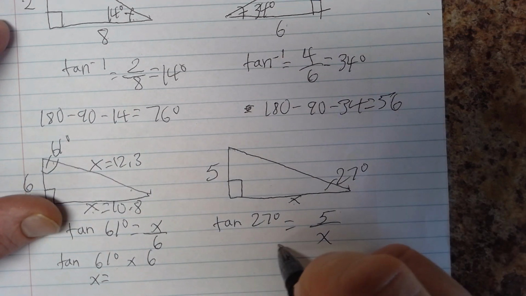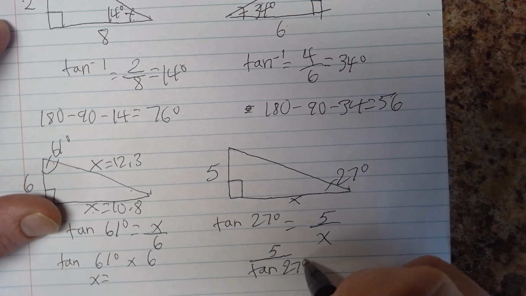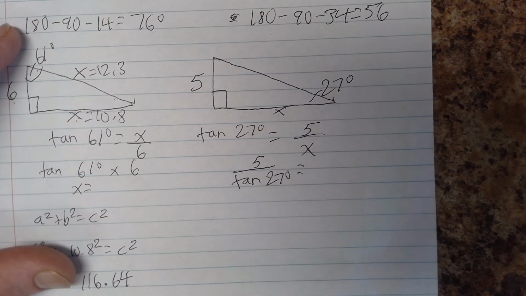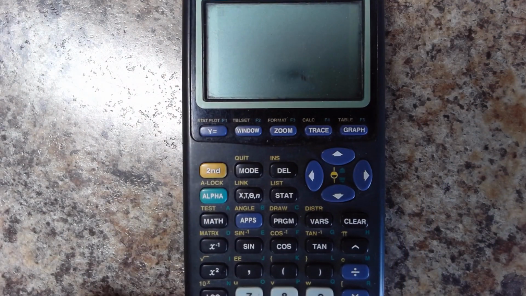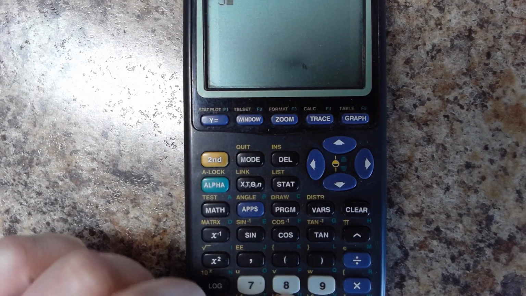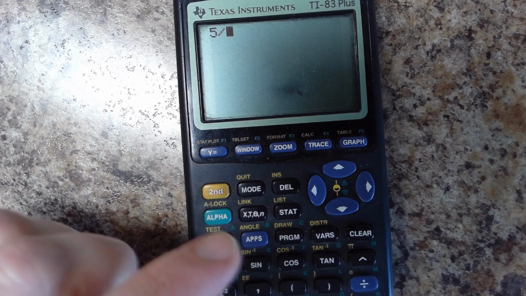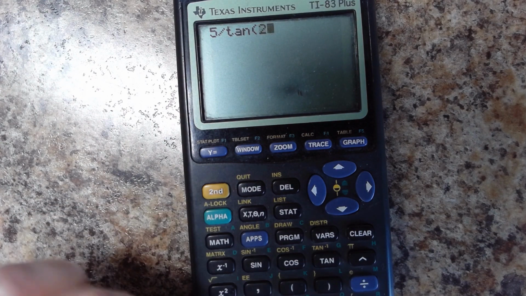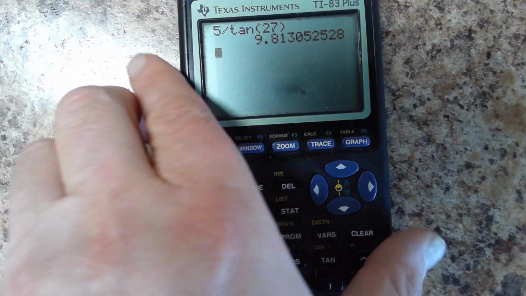So what do you do when this happens? 5 divided by the tangent of 27. Let's just show you that. 5 goes in first. That does make a difference. That's how you always do it. Tangent 27, 9.8.